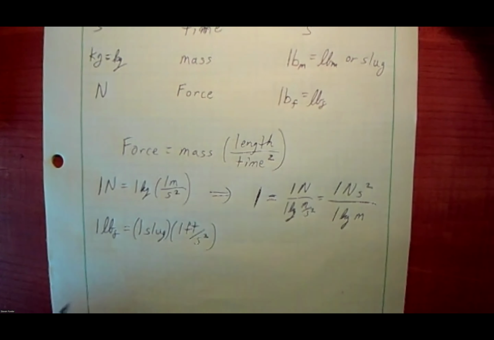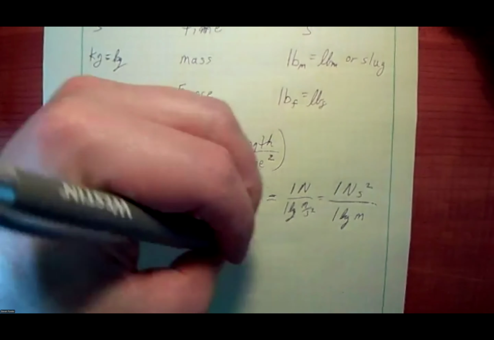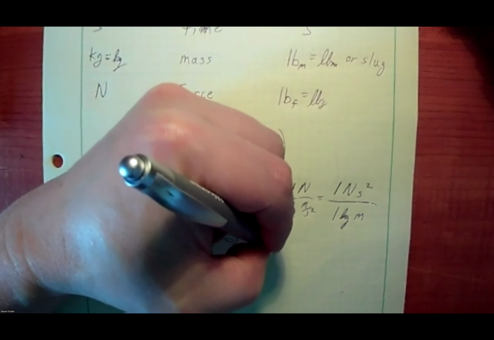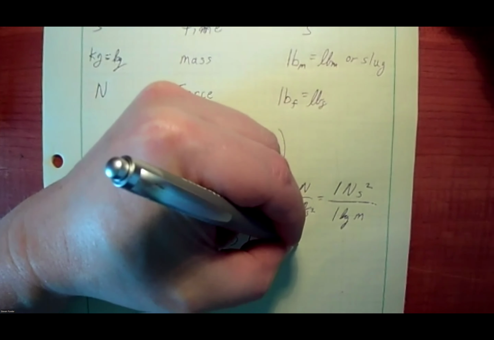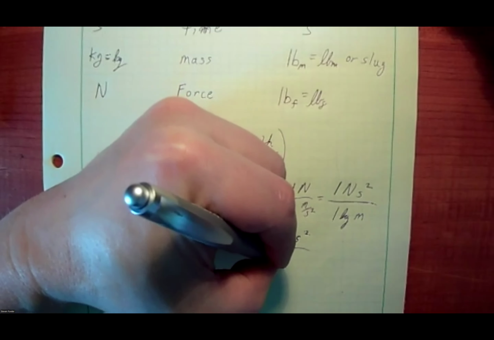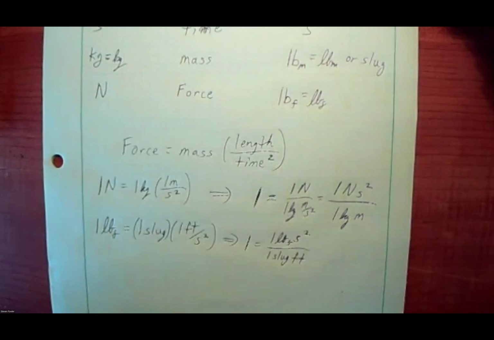The slug is the English unit of mass that is 1 to 1 in terms of pound force to slugs, meaning the conversion factor, something that equals 1 here, is that for every pound force second squared, there is 1 slug foot.